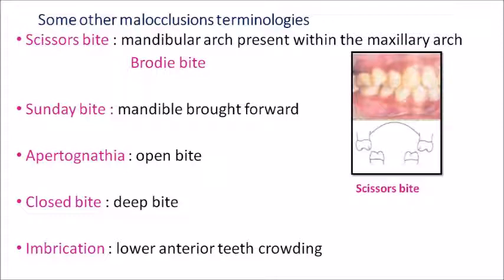So scissors bite is also called Brodie's bite or telescopic bite. Sunday bite is seen when the mandible is brought forward, especially in class 2 patients with mandibular retrognathism. Apertognathia refers to open bite, deep bite is referred to as closed bite, and imbrication is lower anterior teeth crowding.